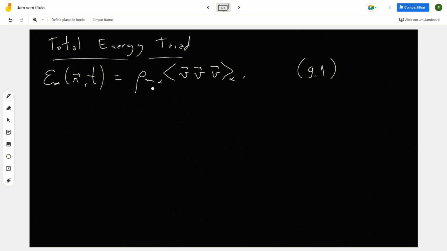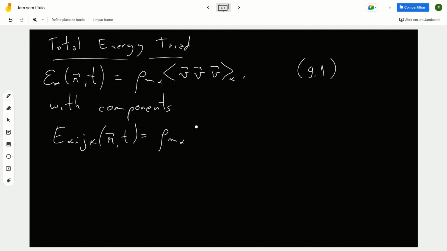It has just the fluctuation components and the velocity. So with component E alpha ijk equal to rho alpha vi, vj, vk.